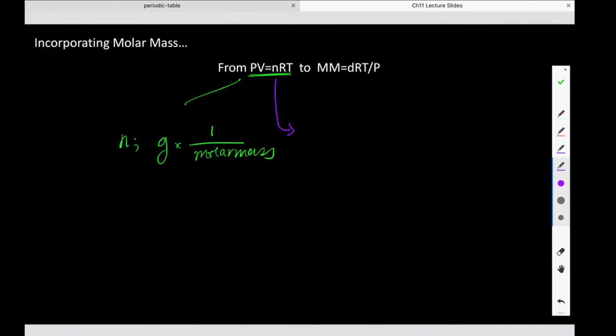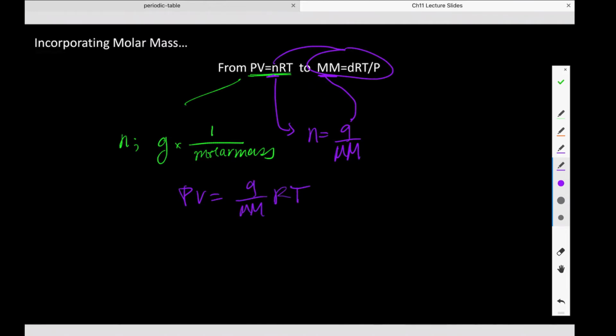So if n is equal to grams over molar mass, and I plug that in here and do some substitutions, I end up here. So PV is equal to grams over molar mass times R times T. And then if I bring molar mass over here, I have molar mass times V times P is equal to grams times R times T. And then if I divide by VP, grams over volume is my density term.